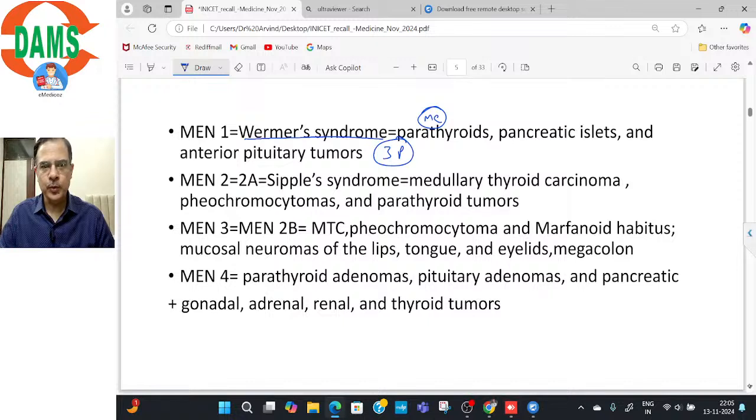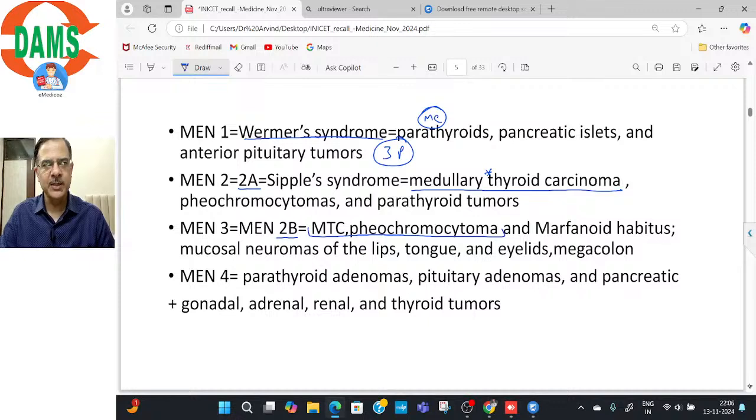MEN2, also known as MEN2A or Sipple syndrome, most importantly has medullary thyroid cancer, pheochromocytomas and parathyroid tumors, but most importantly medullary thyroid cancer. MEN3, also known as MEN2B, consists of medullary thyroid cancer along with pheochromocytoma.